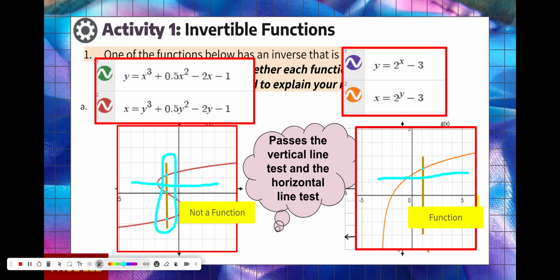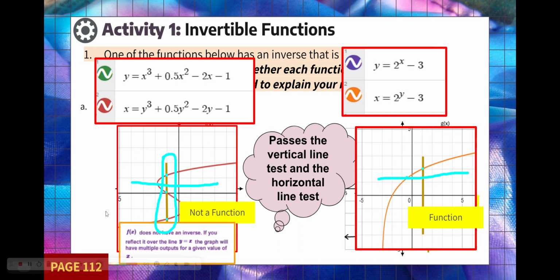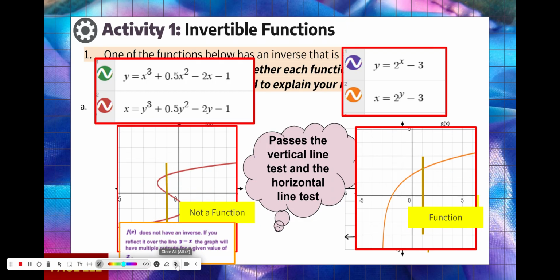Now, here's the reasoning why the first graph, or the first question, letter A problem, is not a function. Look, let me remove this. F of x does not have an inverse actually. If you reflect it over the line y equals x, the graph will have multiple outputs for a given value of x.